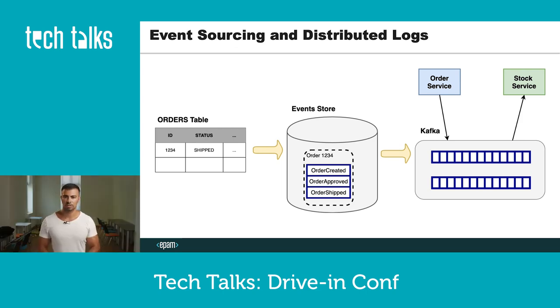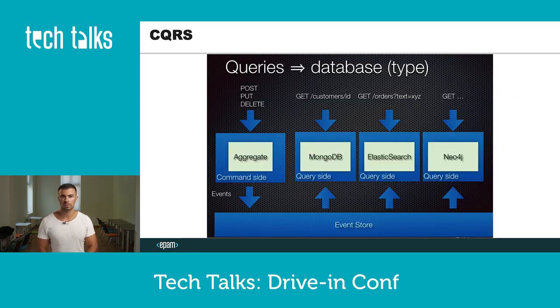And we can treat a distributed log like Kafka in the same way that we treat an event store. We can actually use it for this purpose, and this way we can have materialized views over data that needs to be queried, which is the later pattern called CQRS.